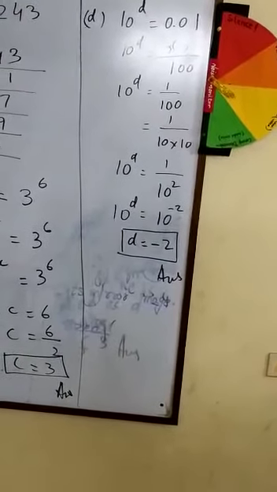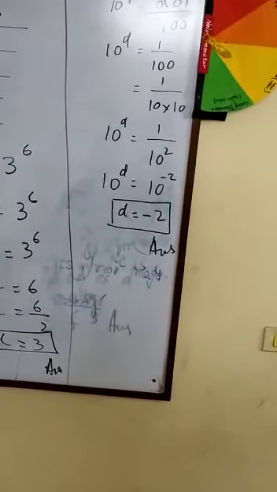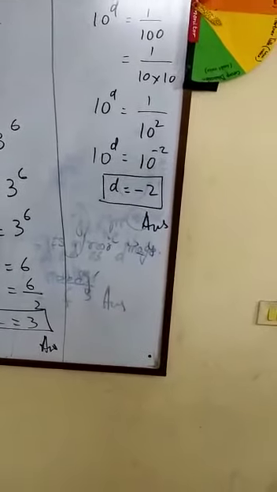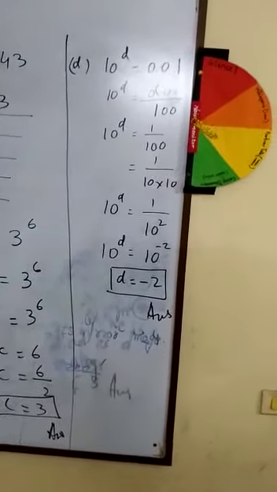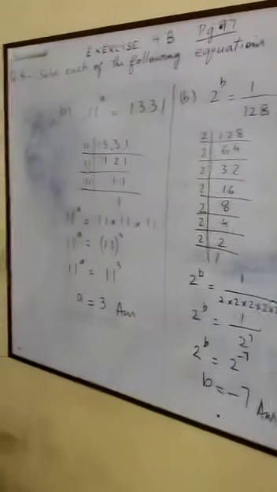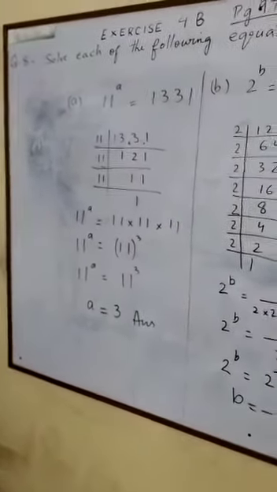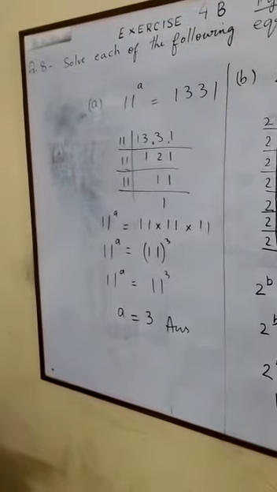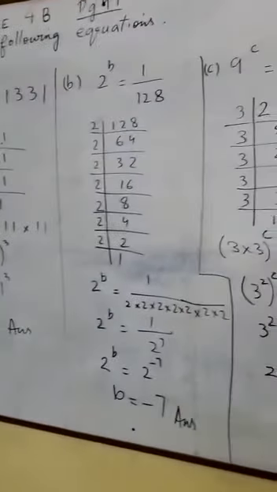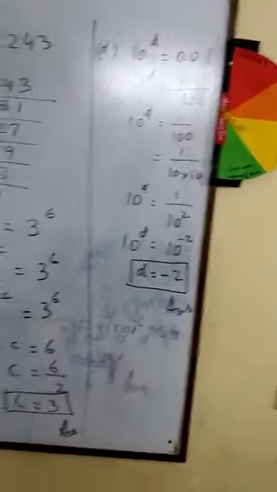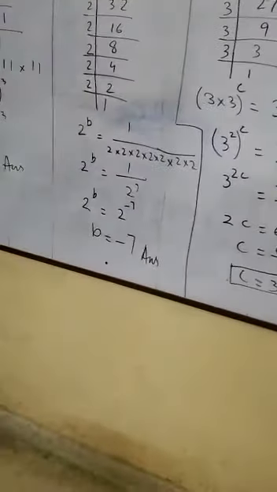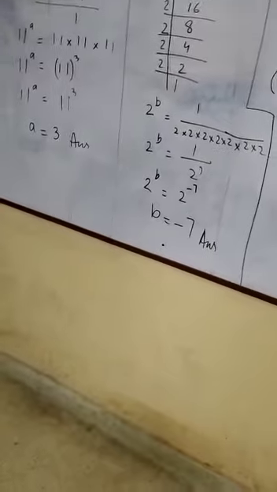This 10 to the power 2 will go up, it will become negative, and d will be equal to minus 2. Okay, this is your answer. Now this is our part A, this is our part B, this is our part C, and this is our part D. So we have done all the 4 parts of question number 8.